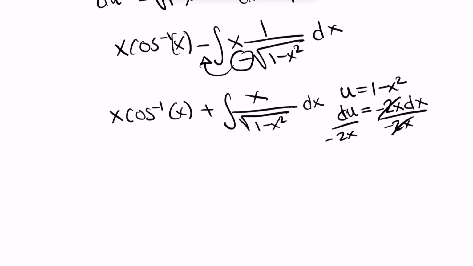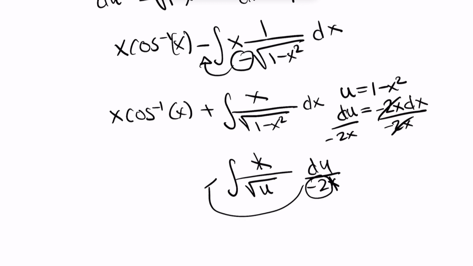So, okay, let's go ahead and put that in here. So we got x on top over square root of u, and we have du over 2x. So the x will cancel. And we have a constant, so we can move that to the front.